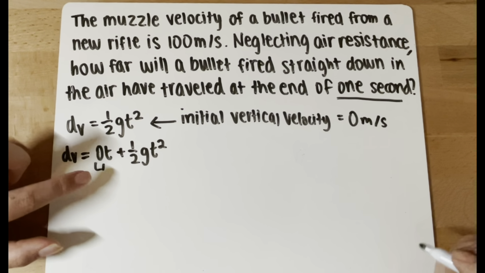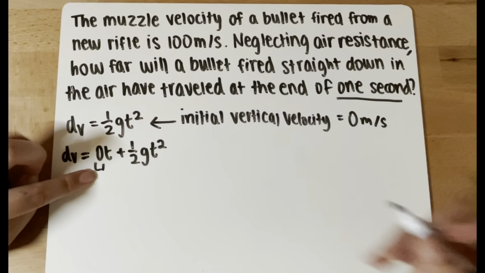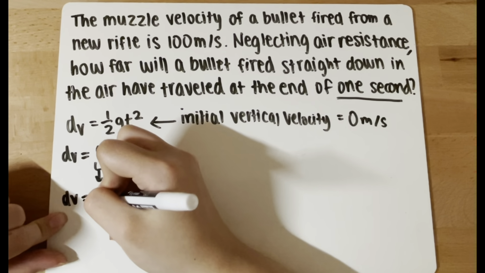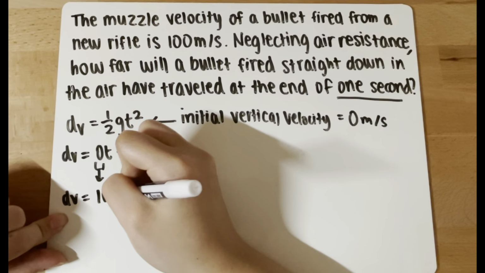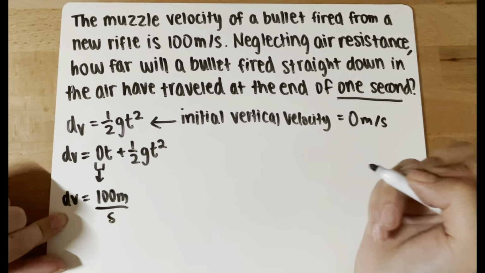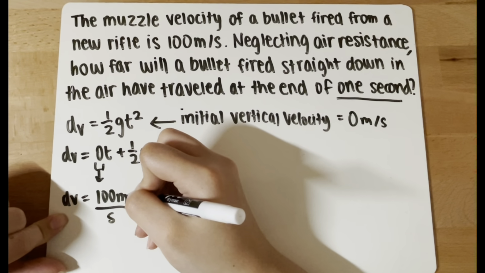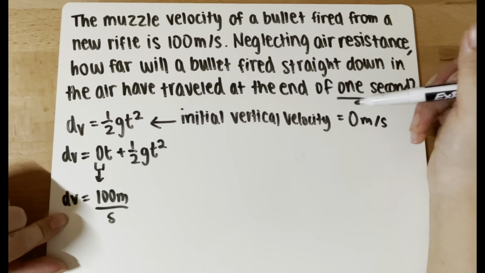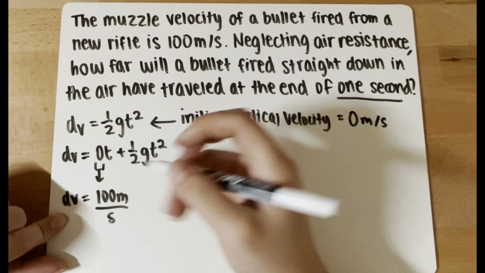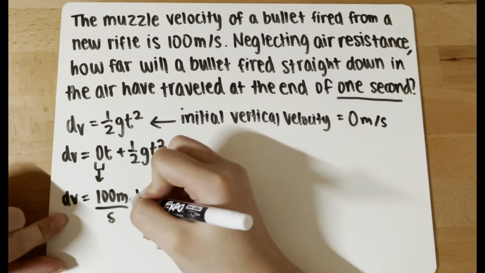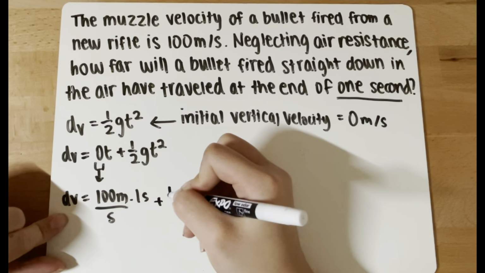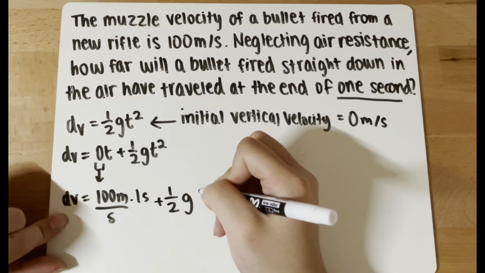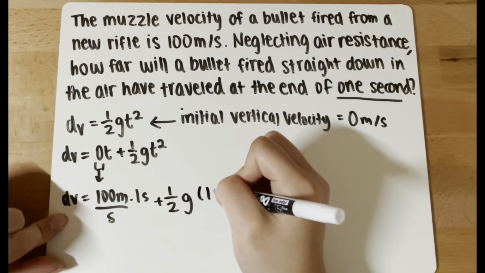So if we plug 100 meters per second into 0, our equation would now be dv equals 100 meters per second, and I'm just going to write second here, times t. We know that t is 1 because the question is asking for 1 second, times 1 second, plus 1/2 g times 1 second again squared.